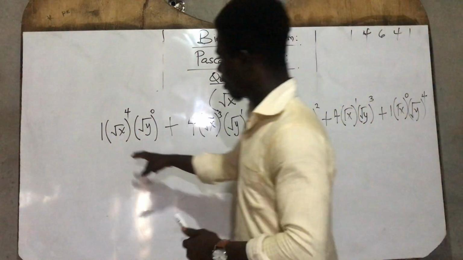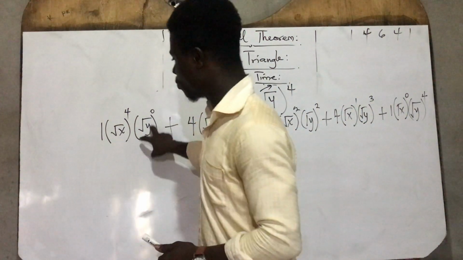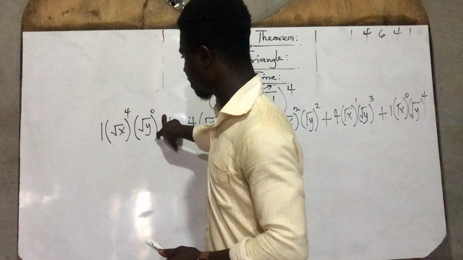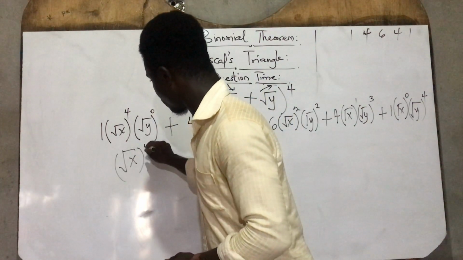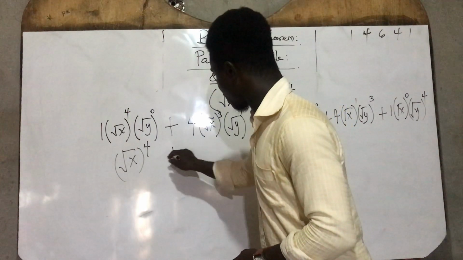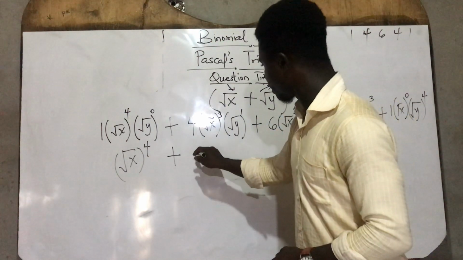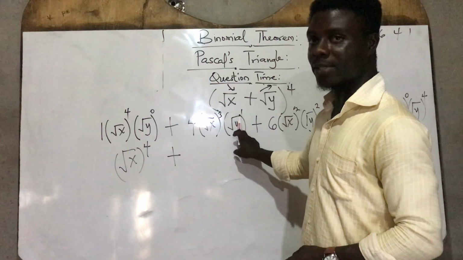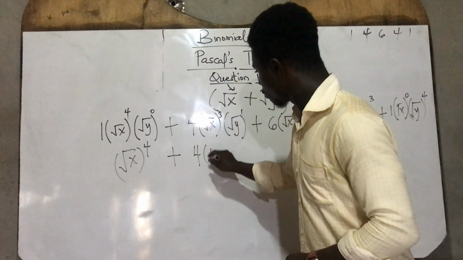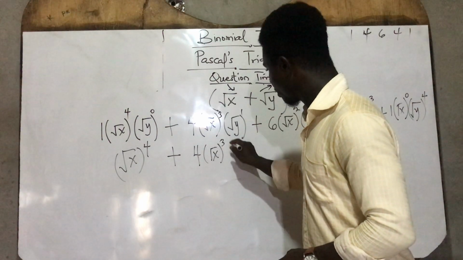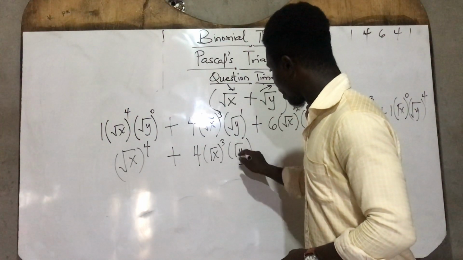So let's see. This one gives me 1 times that, so you get square root of x all to the power 4. Then plus, this one is the same thing as that because it's to the power 1. So I have 4 square root of x to the power 3, then square root of y.